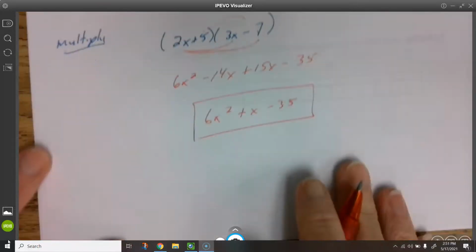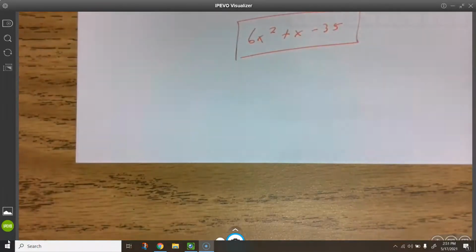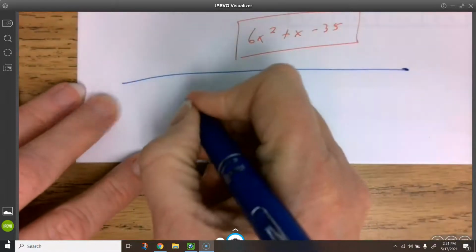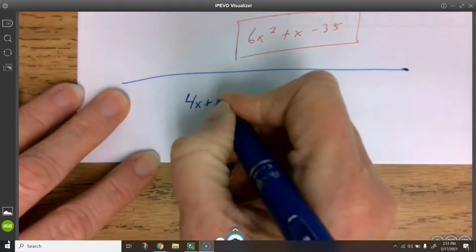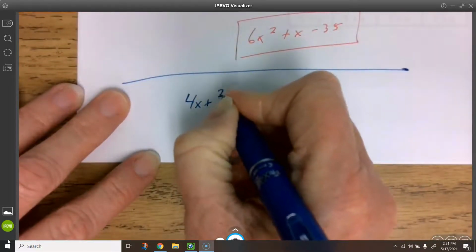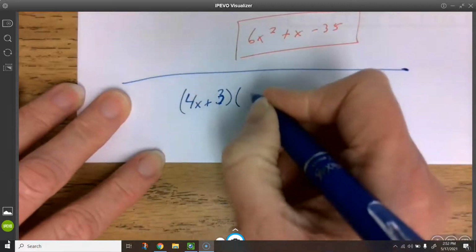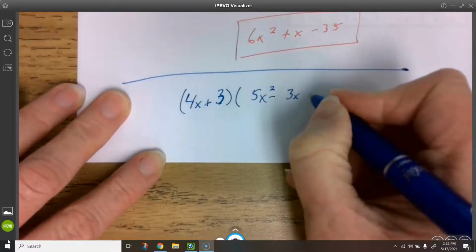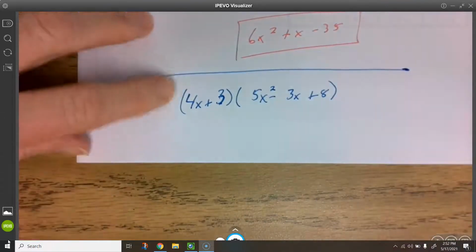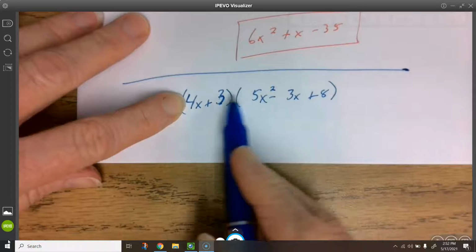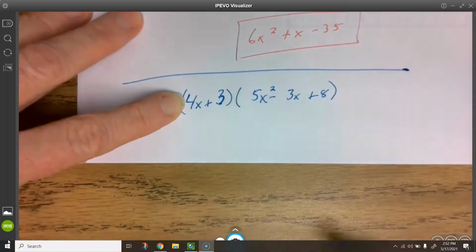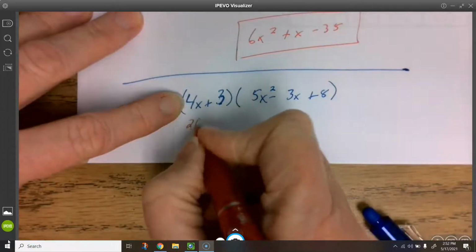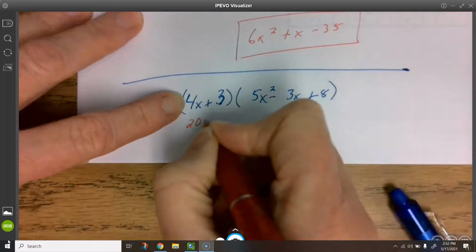Now, you can also multiply 4x plus 3, times 5x squared minus 3x plus 8. And now you're going to just take 4x times everything and 3 times everything. So you're going to get 20. And again, pause yours and try it on your own.